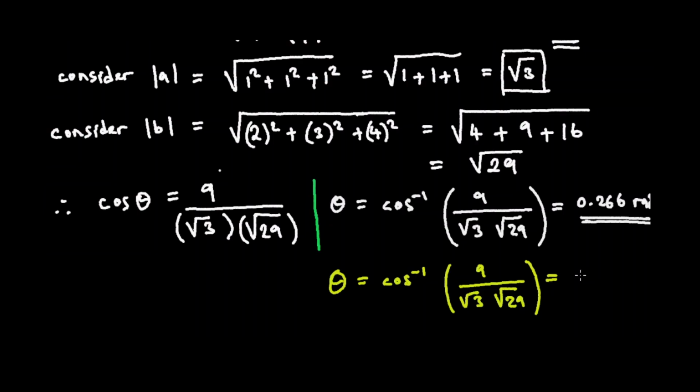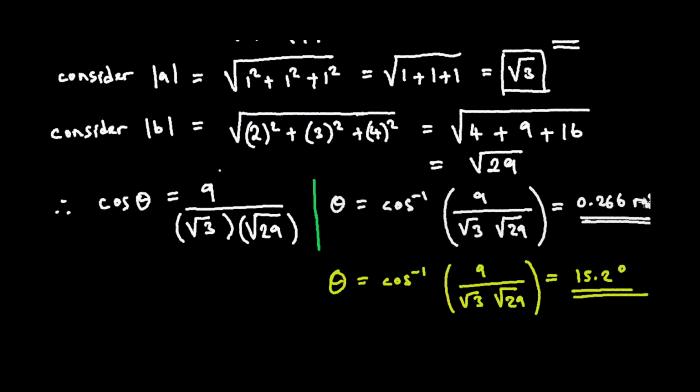Then we redo the same thing, shift cos, 9 over root 3 multiplying root 29, like this. Our answer this time, to 3 significant figures, comes out as 15.2 degrees.